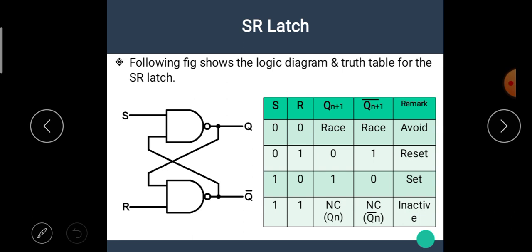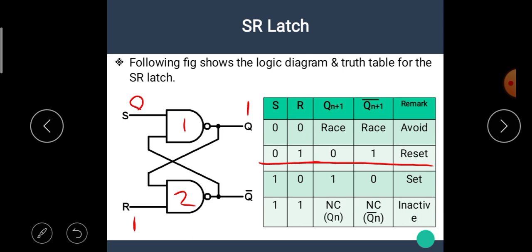Now, let's see the second combination, 01. That means S has the value 0 and R has the value 1. NAND gate 1 has the value 0 on one input, hence its output is forced to be 1.